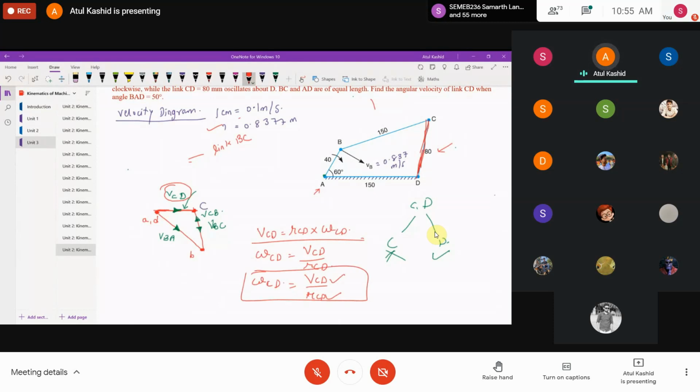So if we have drawn the velocity diagram, can anybody quickly tell me what is the value of VCD and omega CD? Sir, VCD 0.51 meter per second. Okay, you can type in the chat box, I think that will be better. Please type in the chat box whatever answers you are getting.